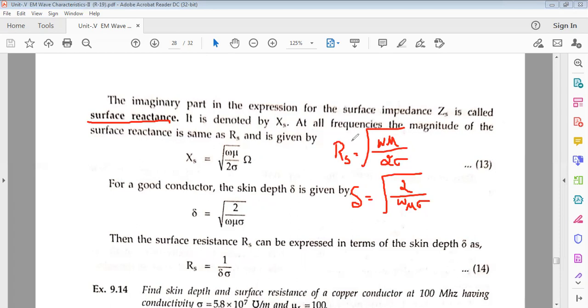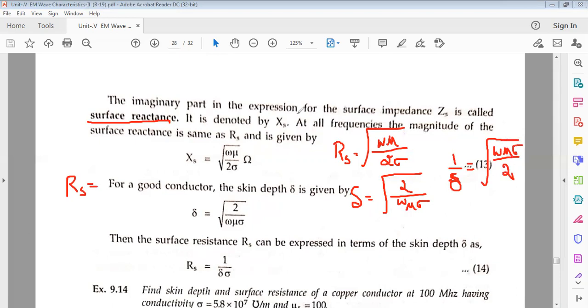Now you can relate these two functions. In terms of delta, Rs is related to the inverse. So 1 by delta is equal to under root of omega mu sigma by 2.